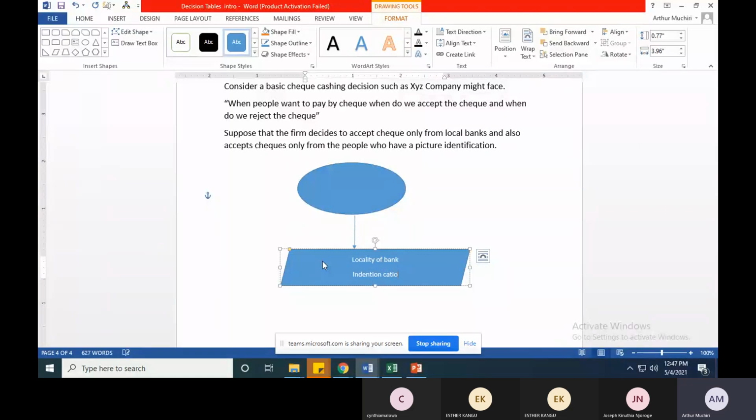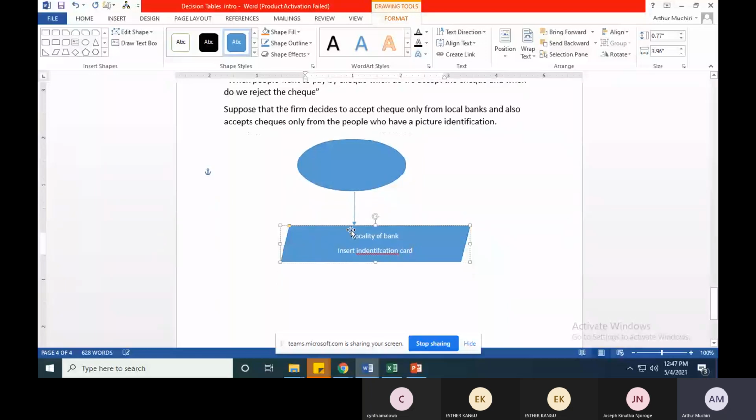The system will ask you to insert identification card. That is the input.